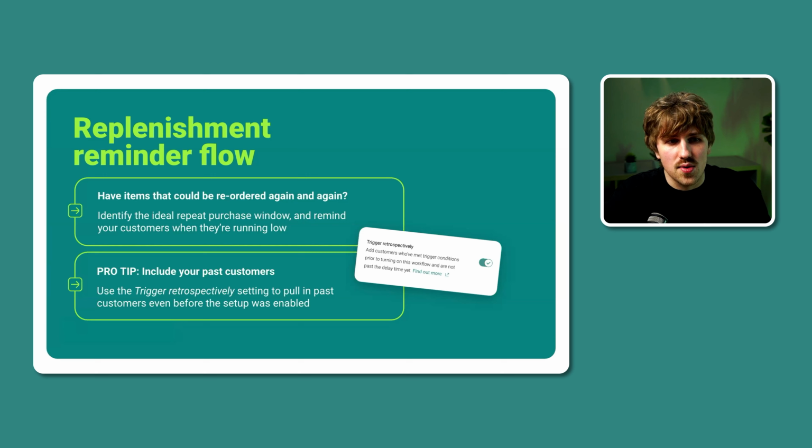So you can use the trigger retrospectively setting in the automation, as you can see in the small screenshot, which will let you include all the customers that purchased the product that you've set in the automation before the automation was created. So keep in mind that settings in the automations have to be explored as well.